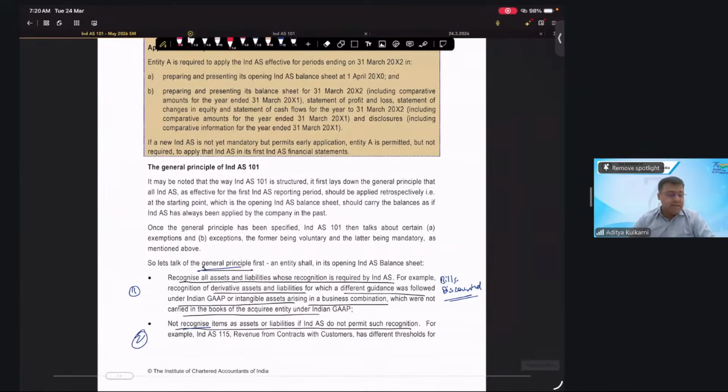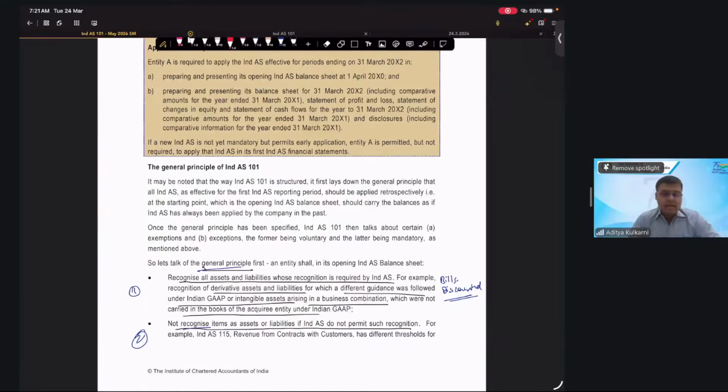The next example: do not recognize items as assets or liabilities if Ind AS does not permit such recognition. Hypothetically, let us take a case where proposed dividend before the amendment was recognized as a liability under accounting standards.